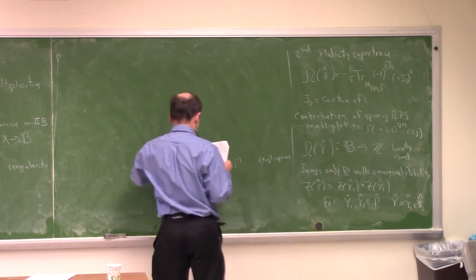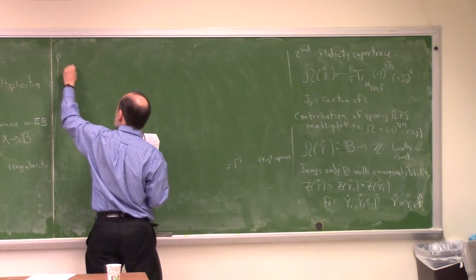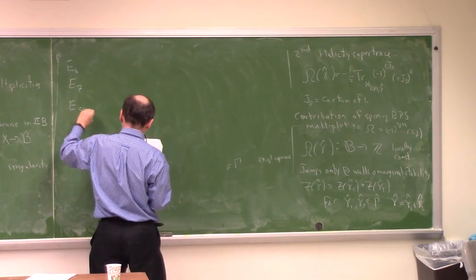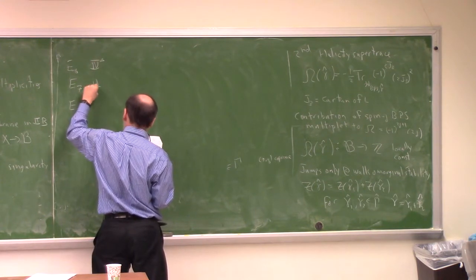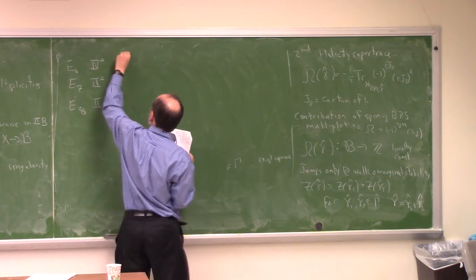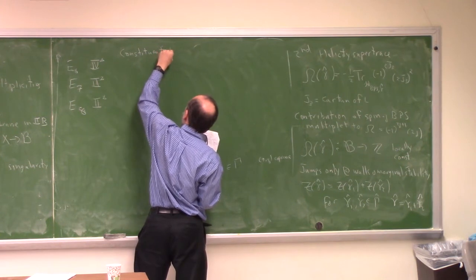So E6, E7, E8: this was 4 star, 2 star, constituent I1s.